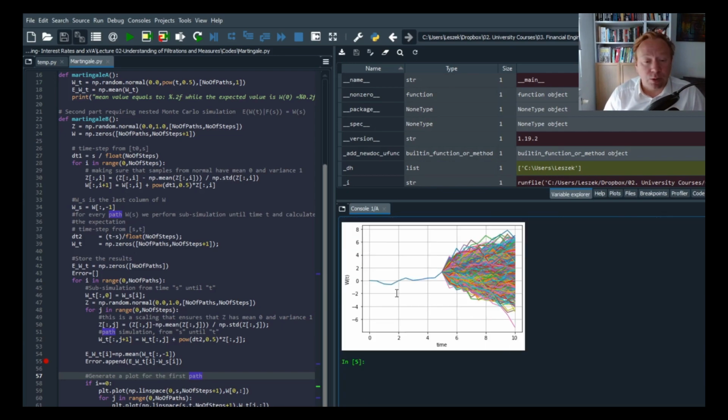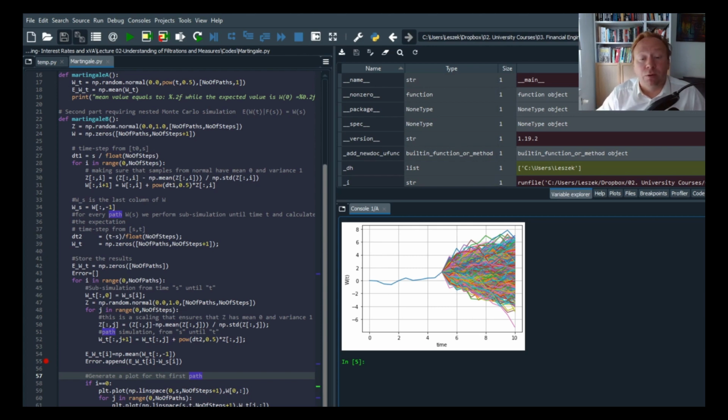This is the illustration, for one path, of the nested simulation that we have to perform. We simulate Brownian motion of one path until time s, and given that path, we perform a sub-simulation and take the expectation of these quantities. This expectation is the conditional expectation of a particular realization at time s.